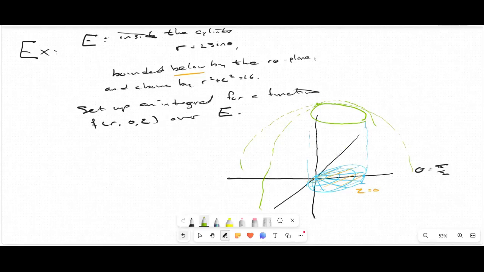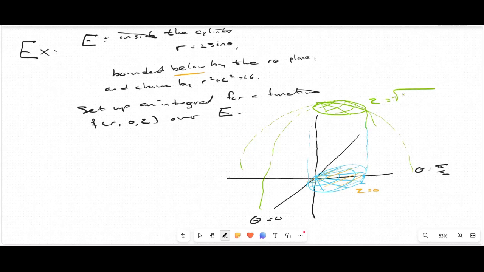I didn't draw that right, did I? Try again. I want that right there to be my top. So it should be like this. There we go. So there's this piece of a sphere up top there, and we can write that this way, z equals root 16 minus r squared. And that's where I'm bounded above.